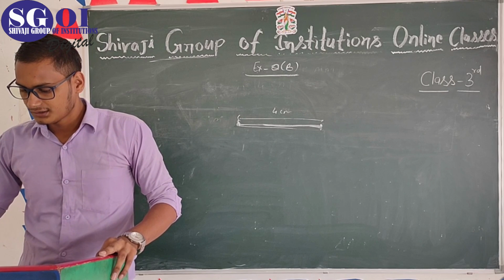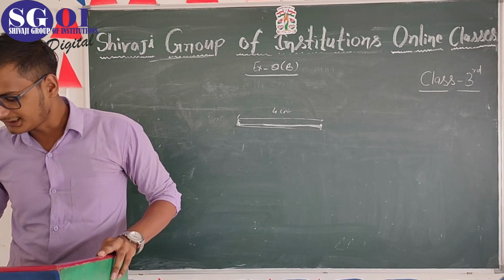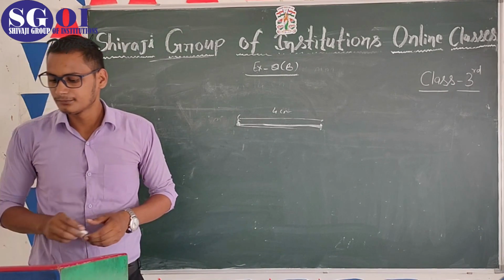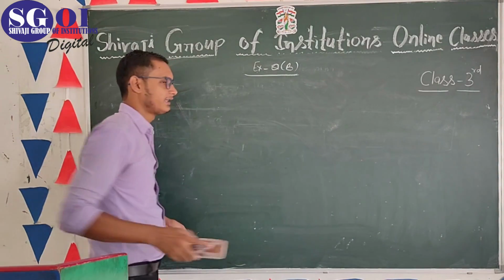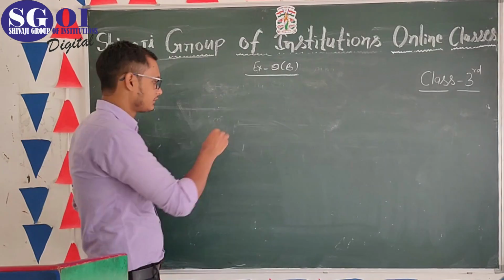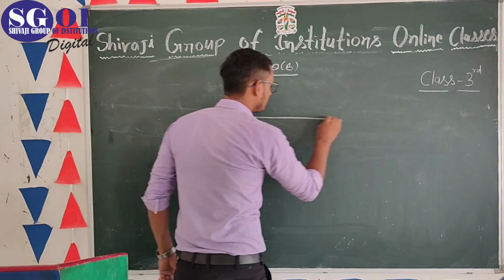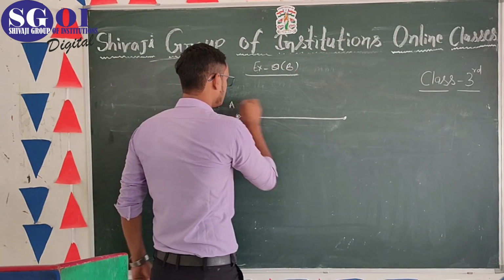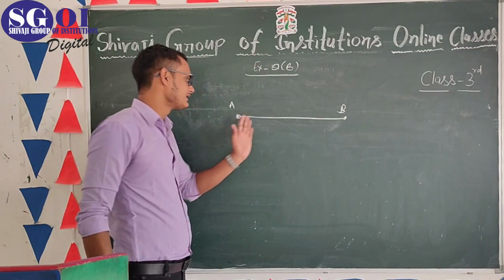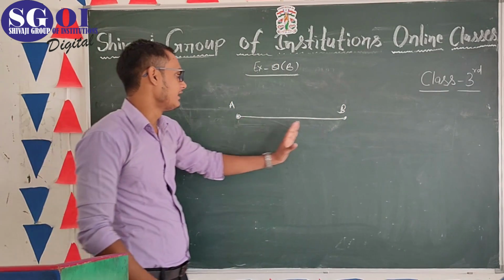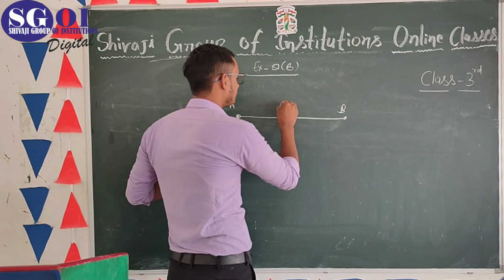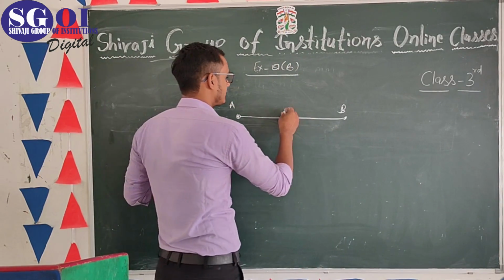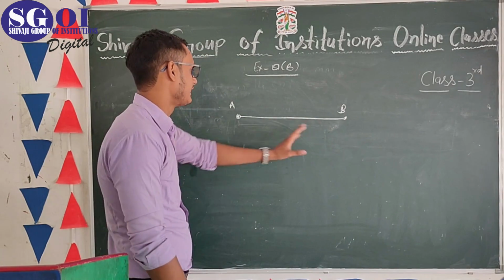Part B, measure the length of the line segment and write the length in the blank. We have a line segment AB. Measure this line segment with the help of scale and write the length of this line segment.